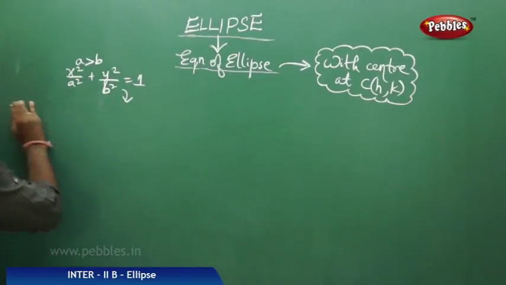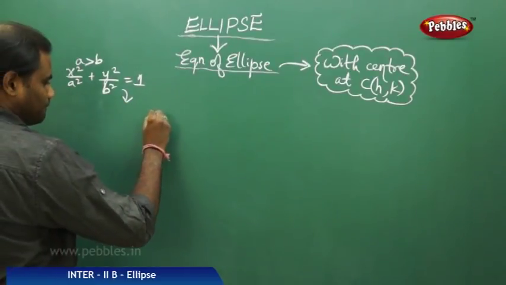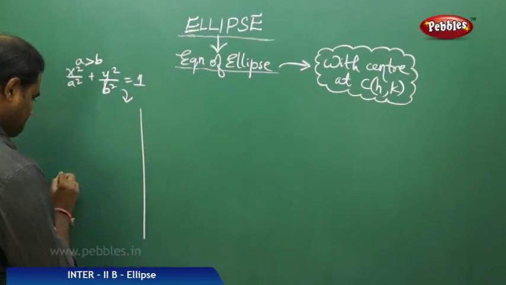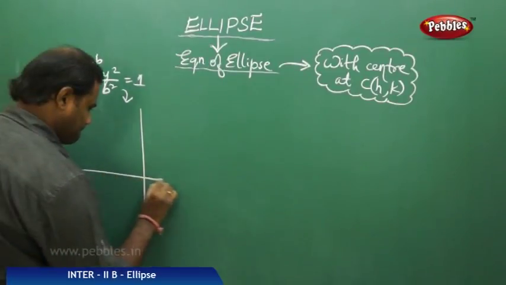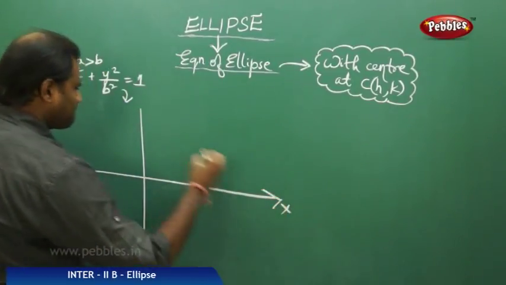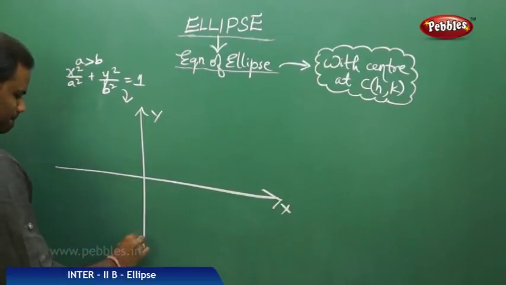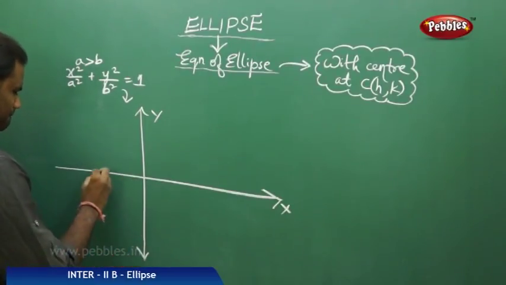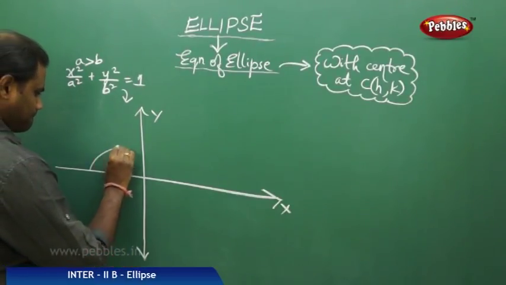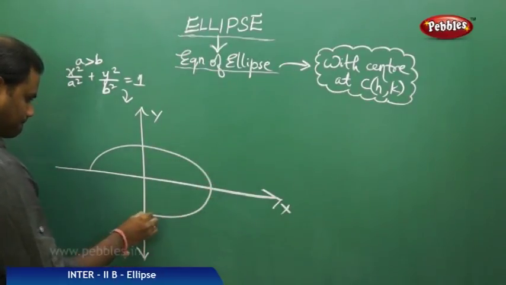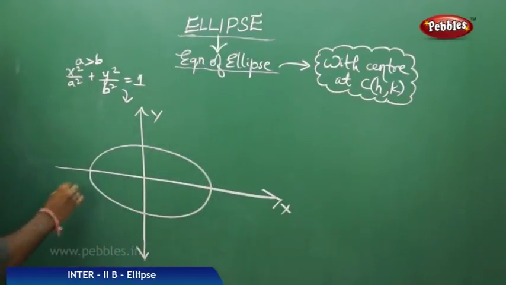The equation of this kind of ellipse is given by this.